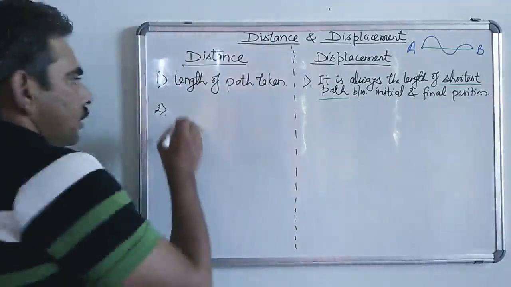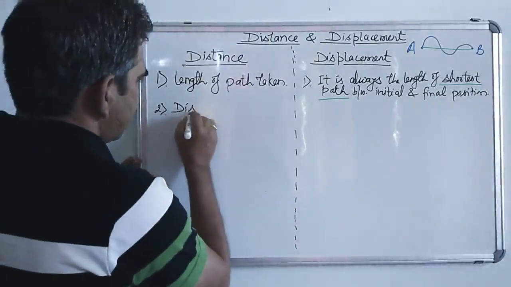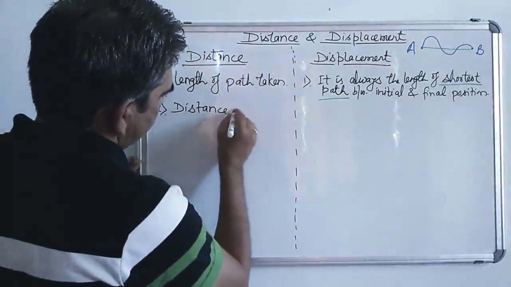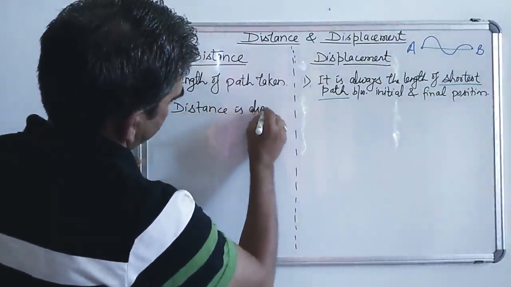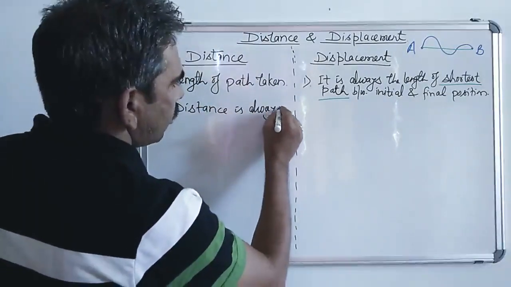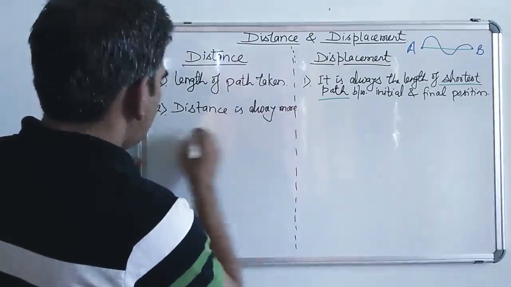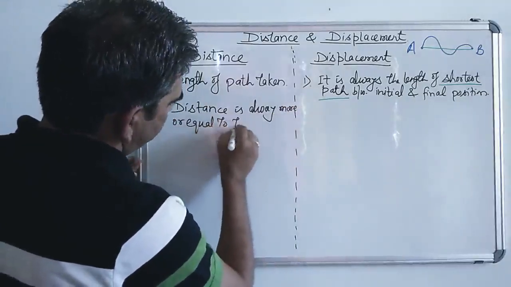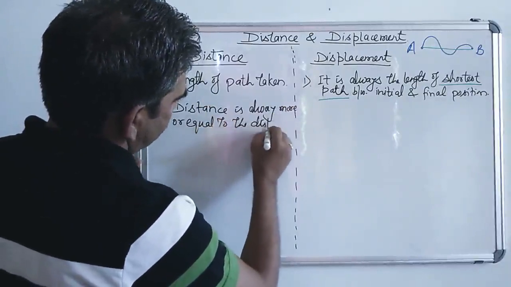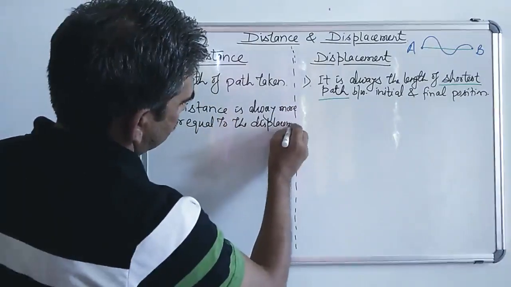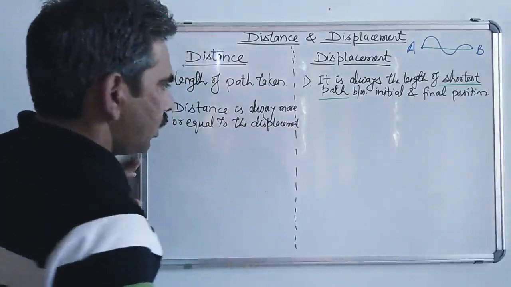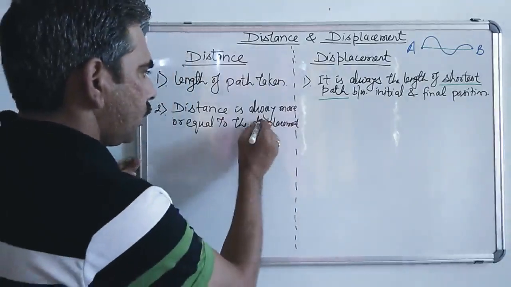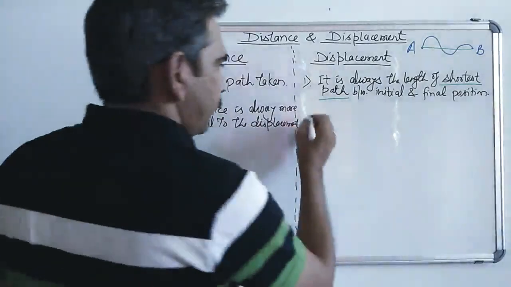So we can say distance is always more than or equal to the displacement. And what happens to the displacement?